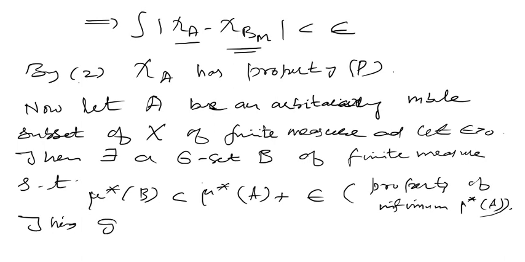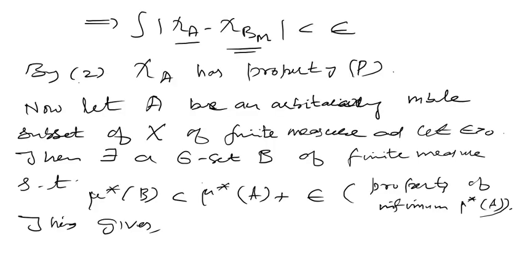So this gives the integral of mod of chi A minus chi B. Let's see this first. There is a sigma set B of finite measure, and this sigma set B has one more property, that it contains A also.